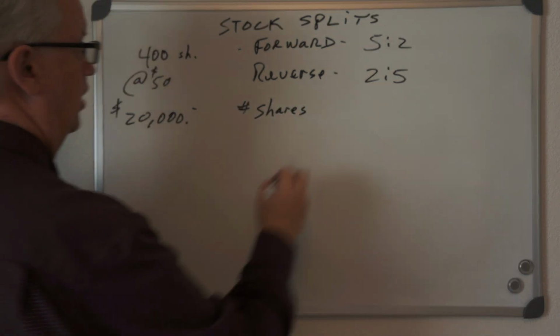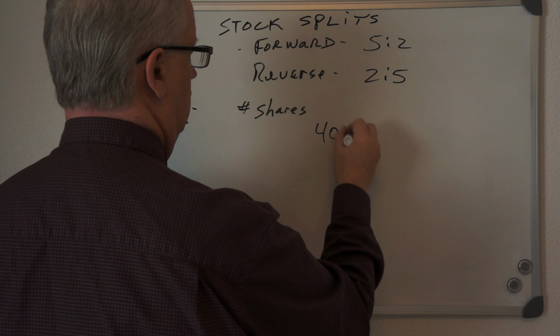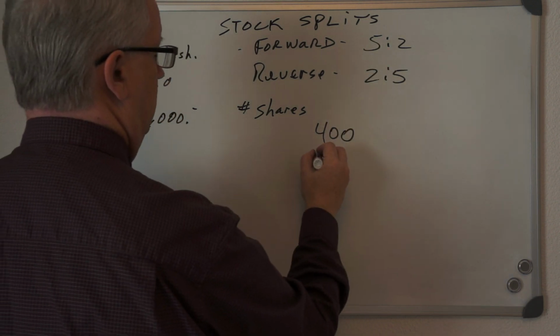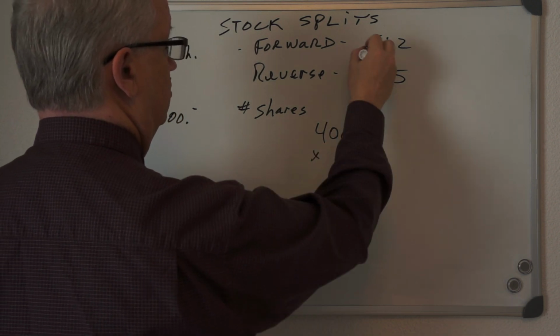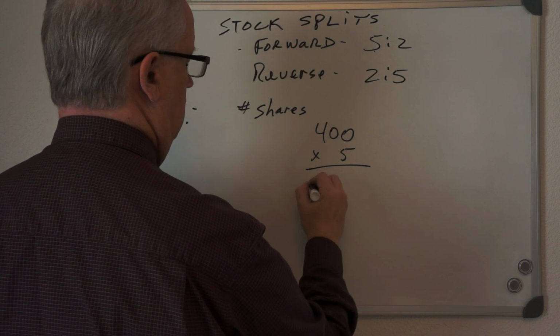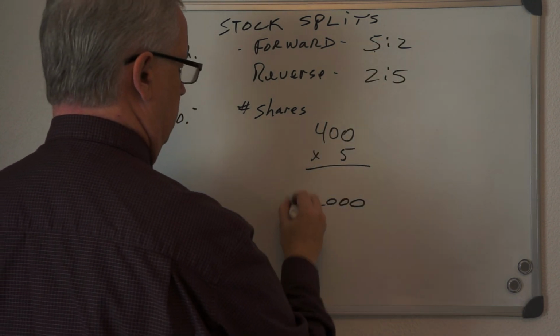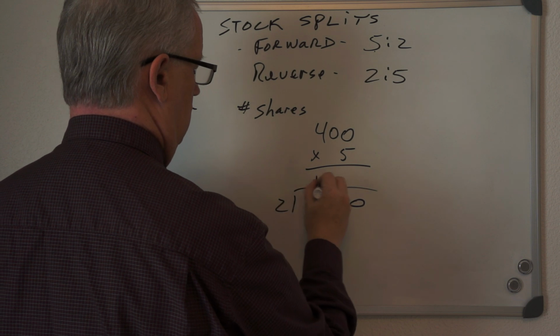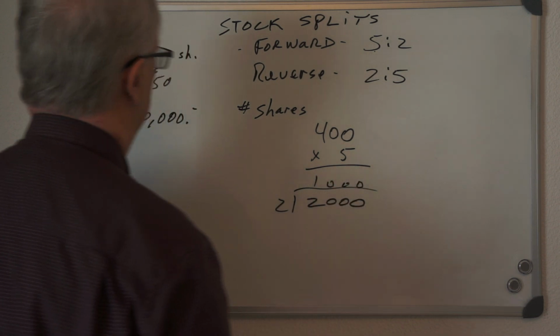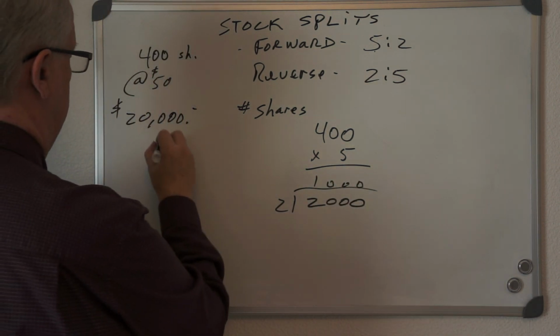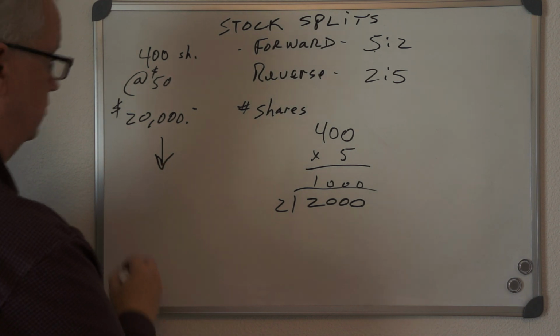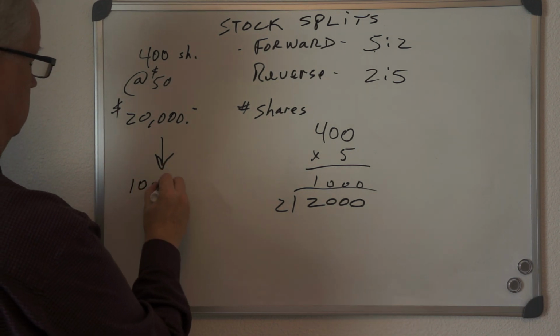Okay, we take the 400 shares, multiply by the first, divide by the second. Okay? So now, this is going to transform into 1,000 shares.